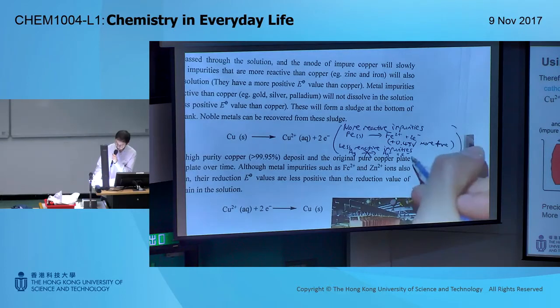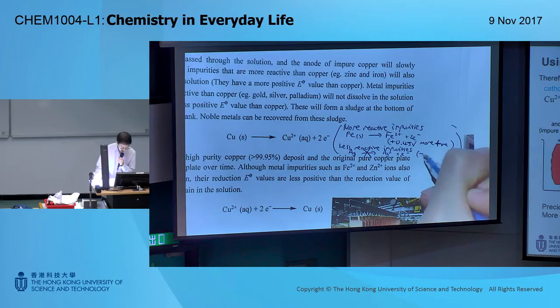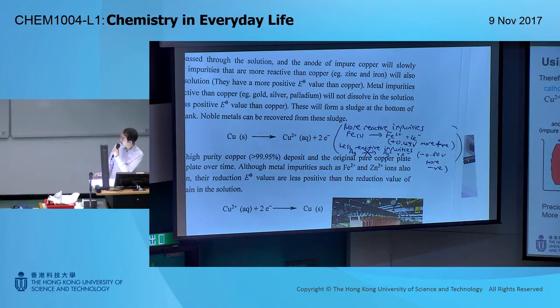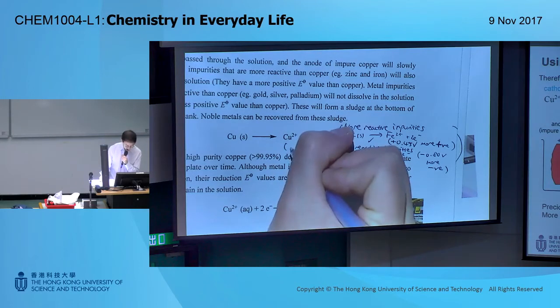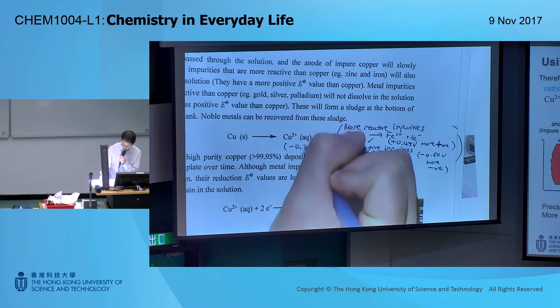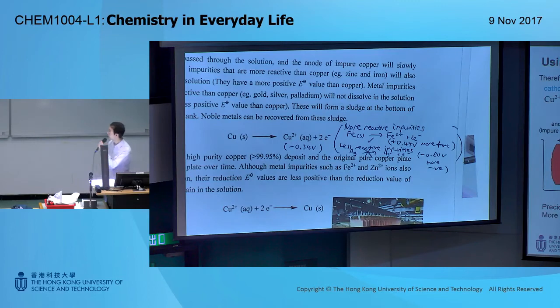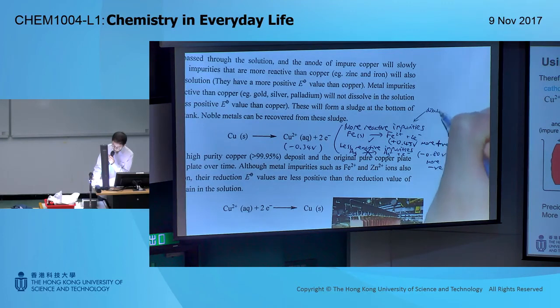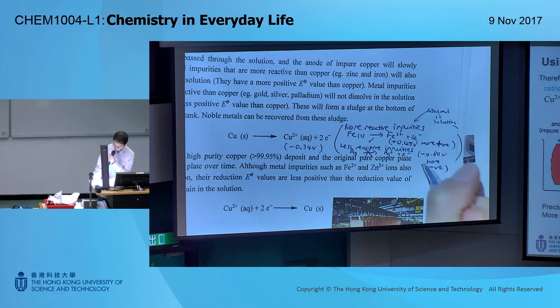So this does not go back to silver plus because this is less positive, more negative. This is minus 0.8, this is more negative. So this one doesn't take place. This one will take place. And just for your reference, this one is minus 0.34 volts. Okay, so we see we'll have more reactive metals dissolved in water. This will become dissolved in solution. These will fall out as sludge.